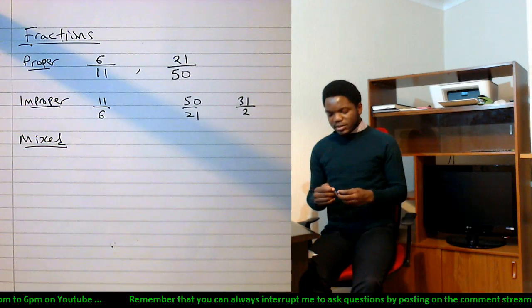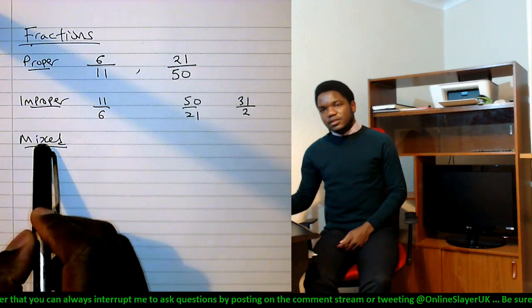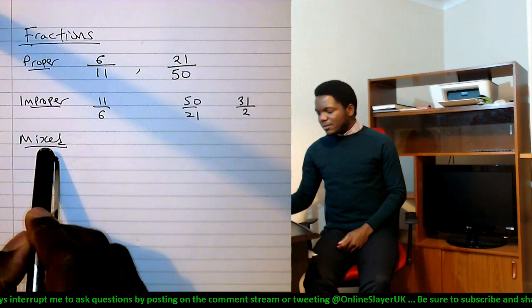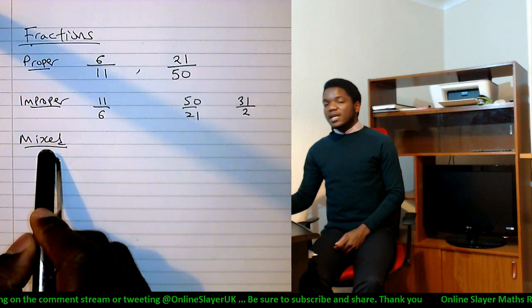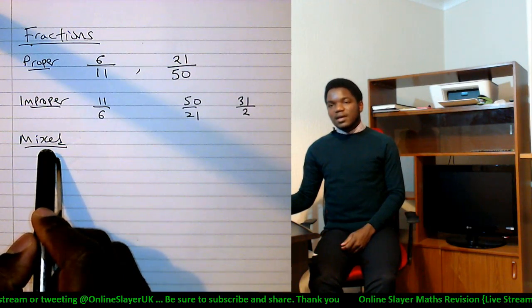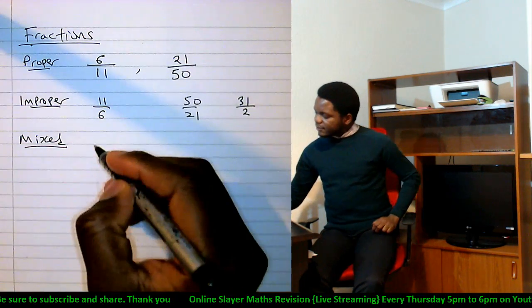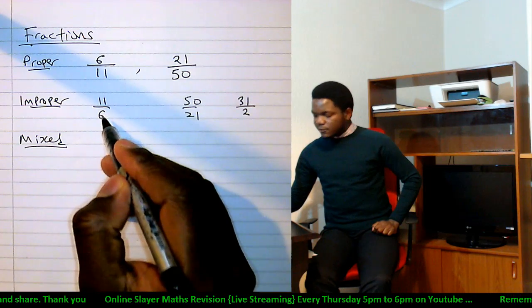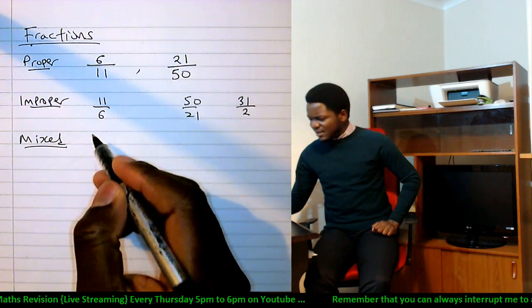So if you're going to simplify it, what do you simplify it to? Mixed fraction. A mixed fraction comes to the rescue here because it tells you that you can have a combination of a whole number and a proper fraction. So what does this imply? If you've got 11 over 6, what the mixed fraction says is, go on, do it, don't be lazy.